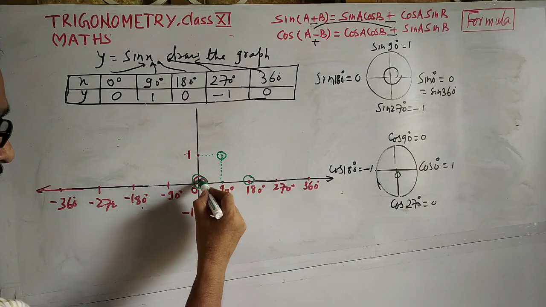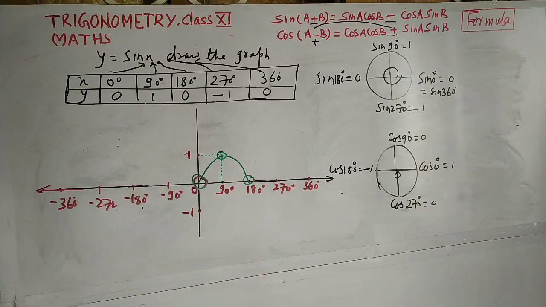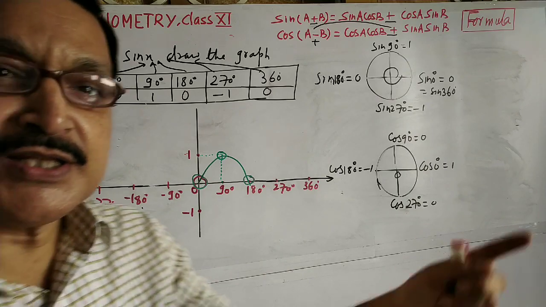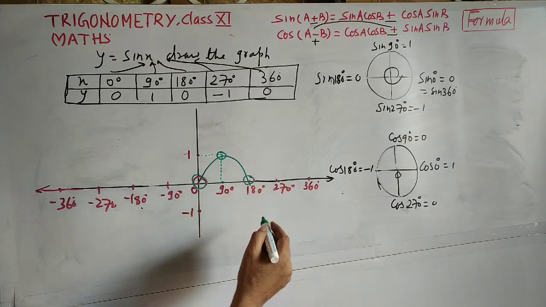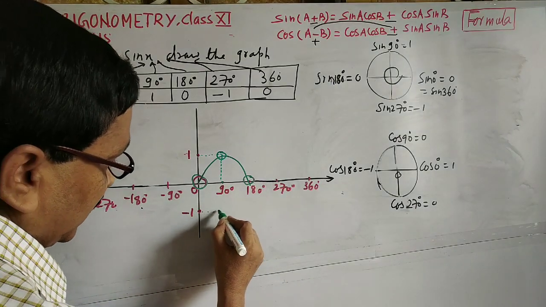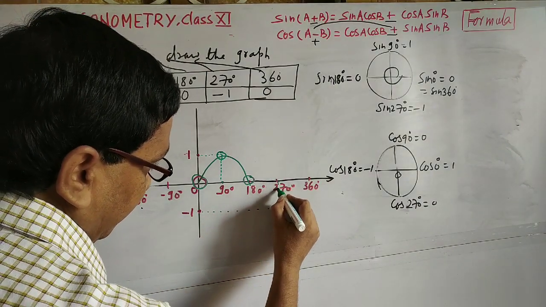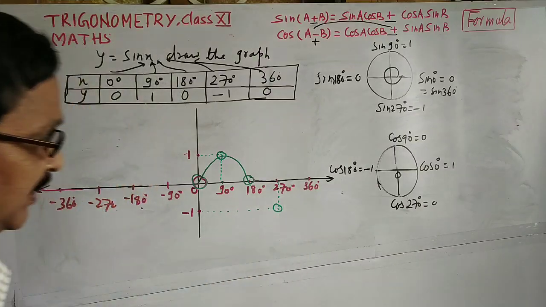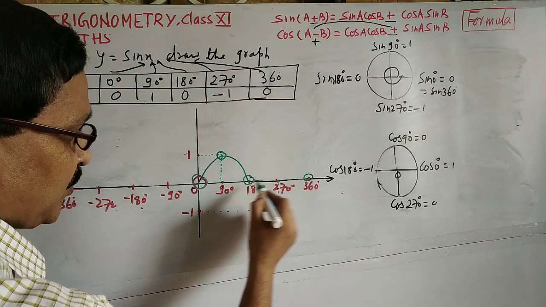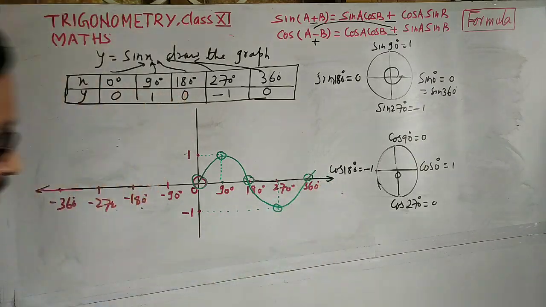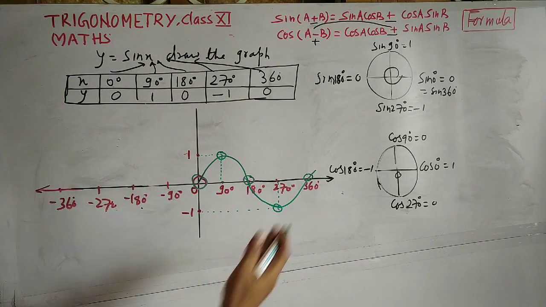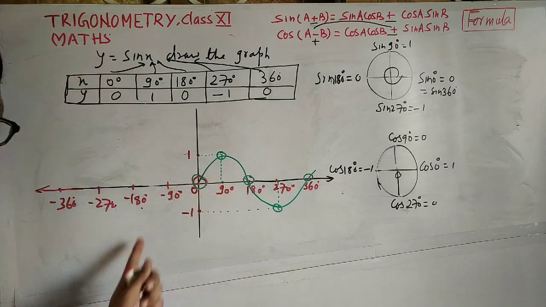Just see how it is bent. The linear equation is only a straight line; others are curves. Now see 270, minus 1, and 360 is 0. So symmetrically you can go to this side.